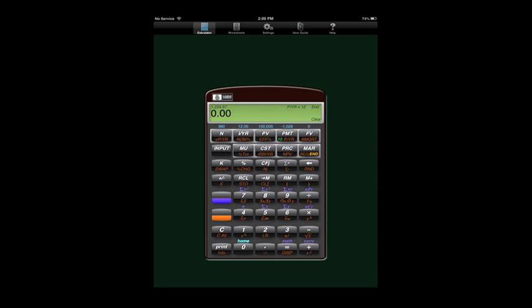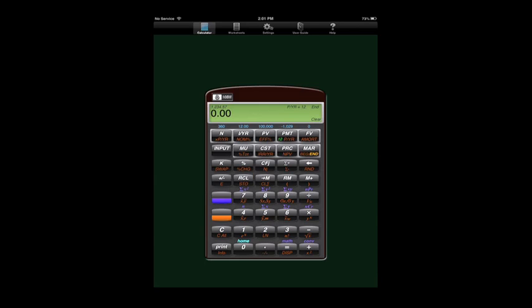So we need to have a way to get rid of all of the information in a calculator so that we can start with fresh problems. Well, how do we do that? Notice that the shift function on that C key says CLR All, and that's clear all.